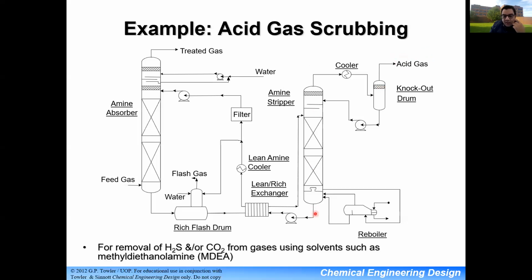Then I get my clean solvent, usually called the lean solvent, from the bottom here. I pump it back up and recycle it back to my absorption column. So as you can see, your solvent is always in a closed loop, whereas my feed gas enters here, clean gas leaves, and the acid gas leaves on top. This idea is very important, and this type of process is applied a lot industrially.